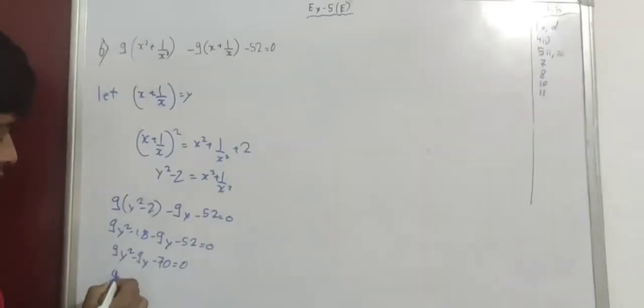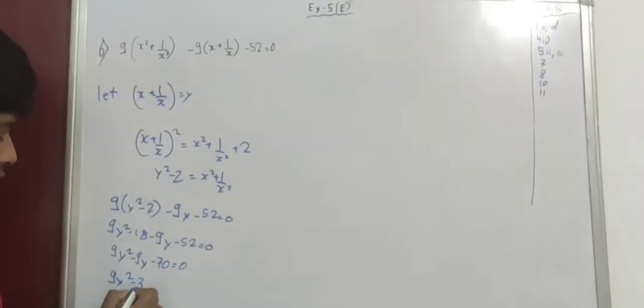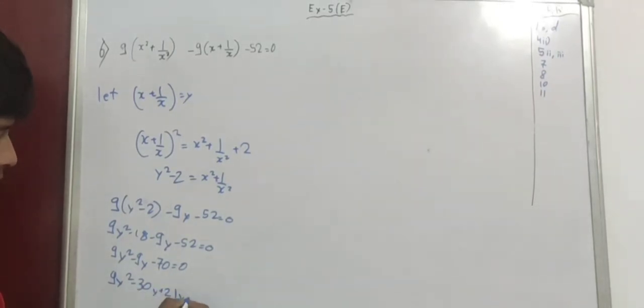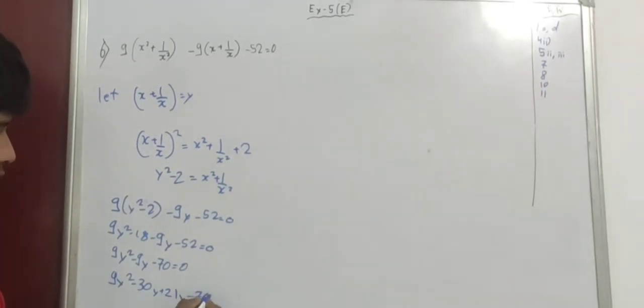You will get 9y square minus 30y plus 21y minus 70 is equal to 0.